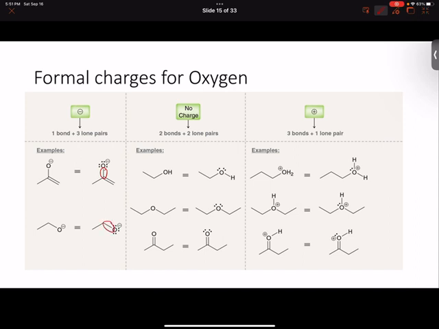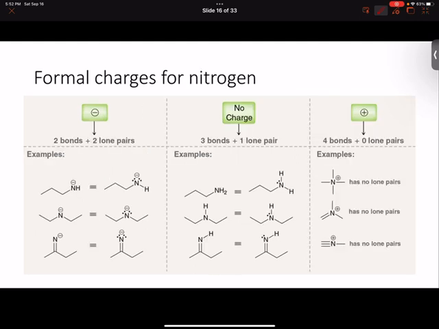When oxygen has no charge, in its regular state, it can do 2 bonds and it's gonna have 2 lone pairs. But when oxygen has a positive charge, it's gonna have 1 lone pair and it's gonna do 3 bonds.